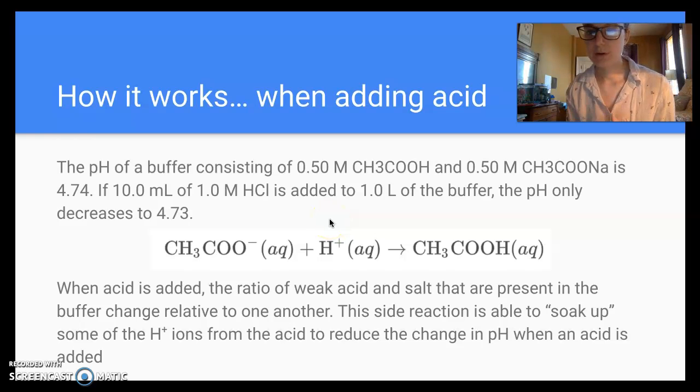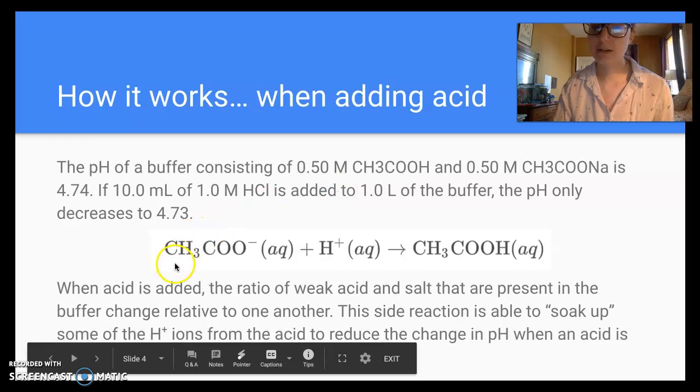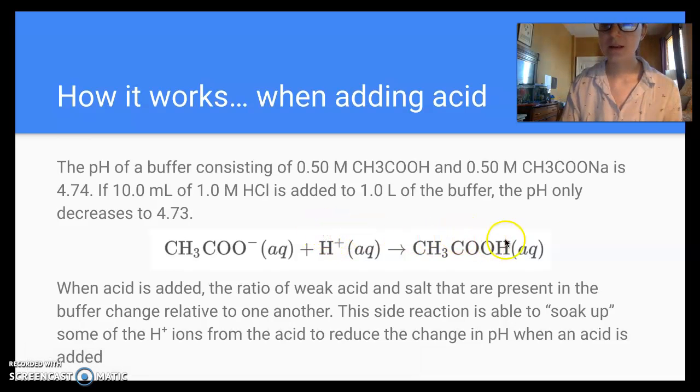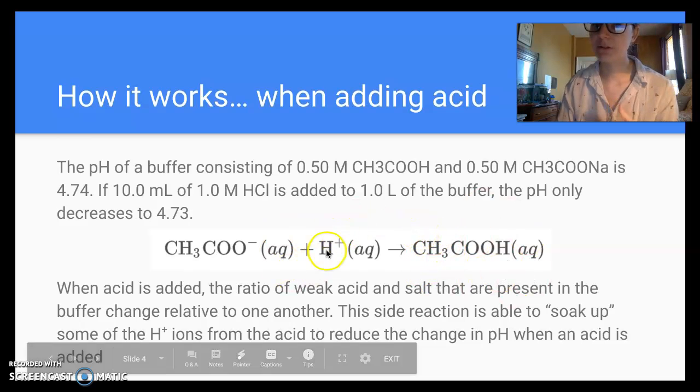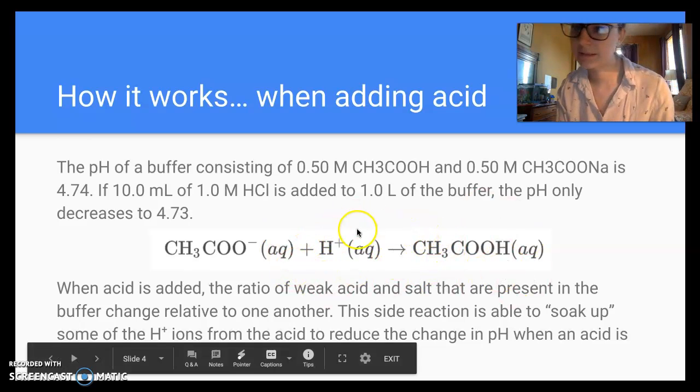The other thing that's important is this H+ right here. So we will be talking about rates of reactions later on in the year from Chem 1. Hopefully you remember this. But typically if you add either a product or a reactant to a solution, so if you have this equation here, if you add more H+, that's going to make the chemical reaction proceed this way so that more of this is produced, ultimately reducing the amount of H+ in the solution.